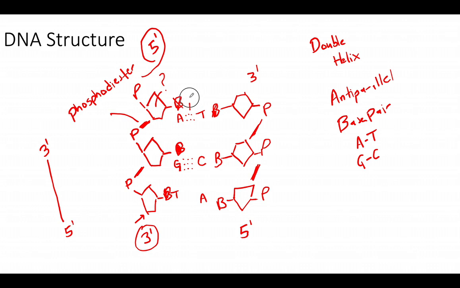It has to do with bonds that form between them. They are not as strong as those phosphodiester bonds, but these are called hydrogen bonds. And so it's the hydrogen bonds that actually form and hold the bases on the complementary strands together.